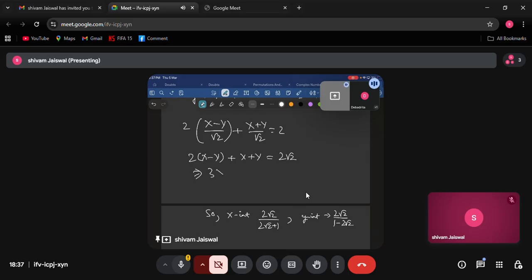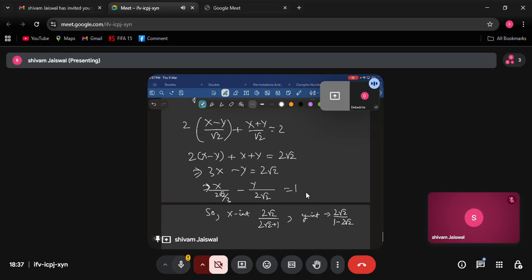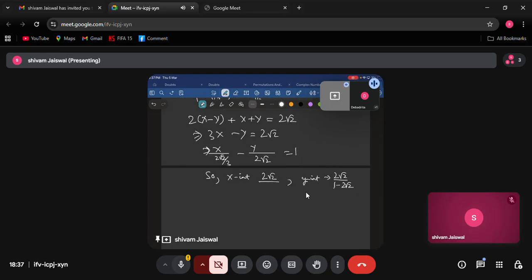So from here we are getting 3X minus Y is equal to 2 root 2. So X divided by 2 root 2 by 3. Yes, now it is fine. Minus Y divided by 2 root 2 is equal to 1. So x intercept will be equal to 2 root 2 by 3 and y intercept will be equal to 2 root 2.